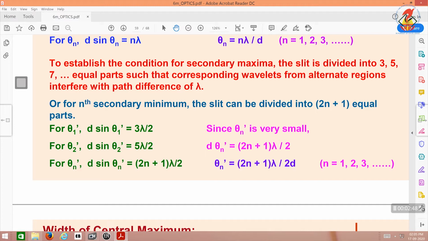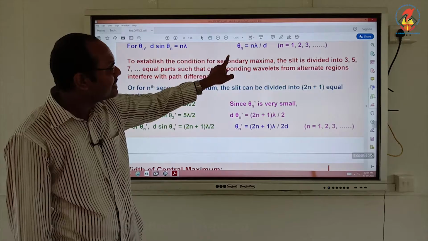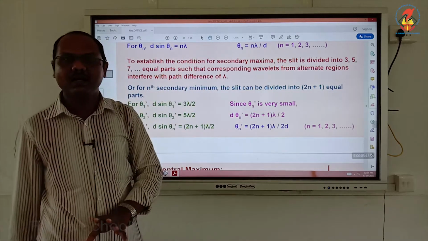We are obtaining the path difference d sin theta is equal to 3 lambda by 2, or d sin theta 2 is equal to 5 lambda by 2. Similarly, d sin theta n is equal to (2n plus 1) lambda by 2. So this is the condition for the bright fringe, or the condition for the secondary maxima.